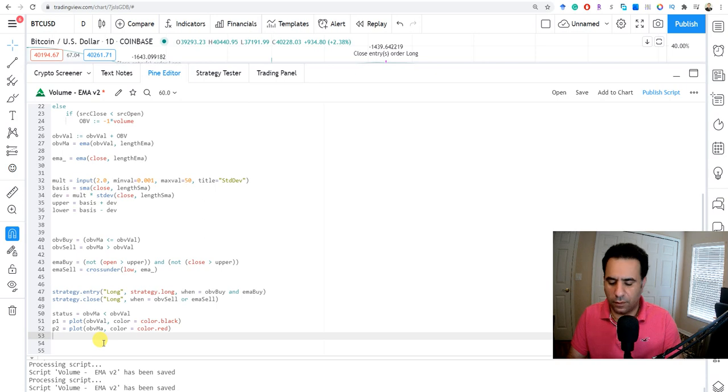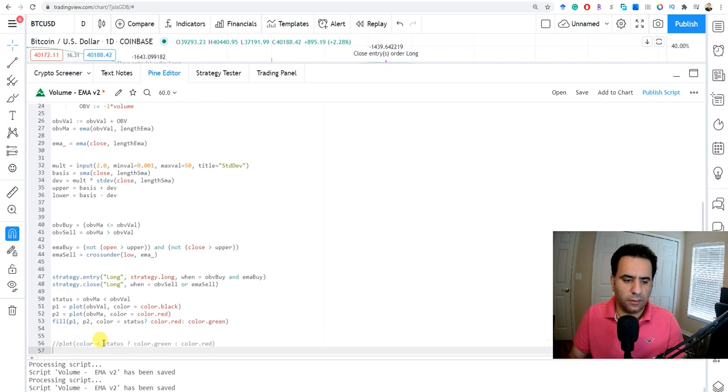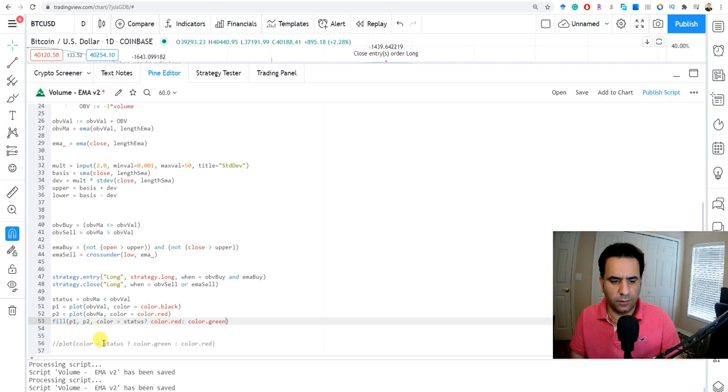And I can say fill P1 and P2, the area between these two, and color is equal to status, yes or no, true or false. So if it's true, it's color dot red, otherwise it's color dot green, and that must be it.